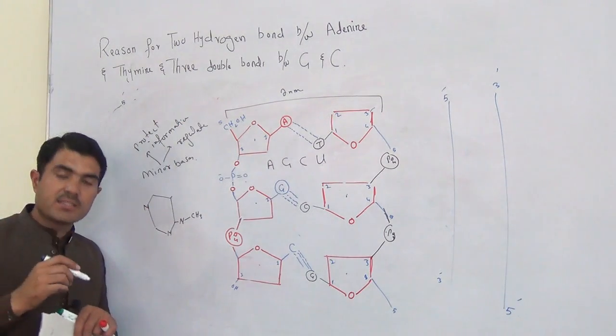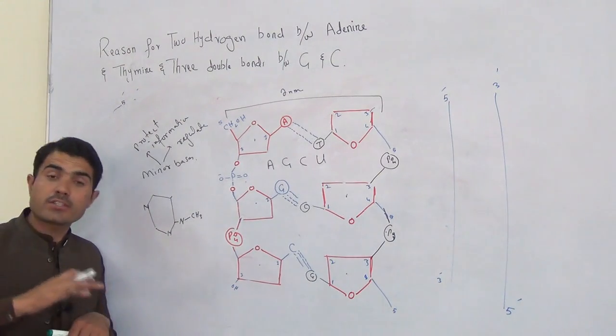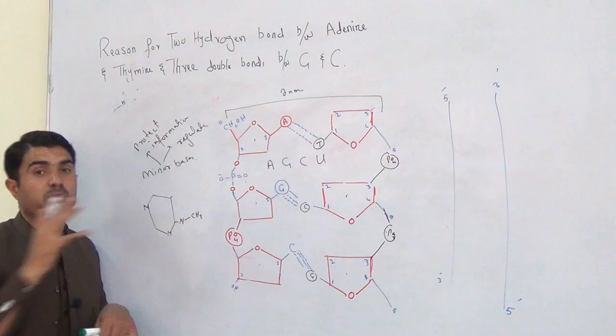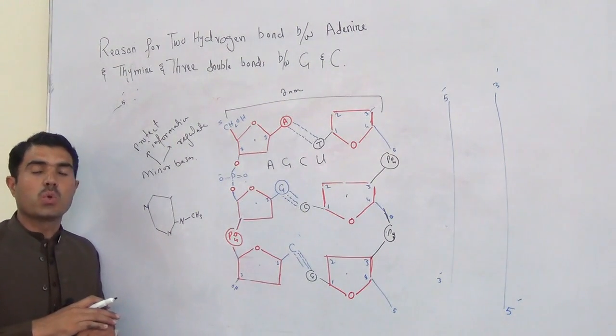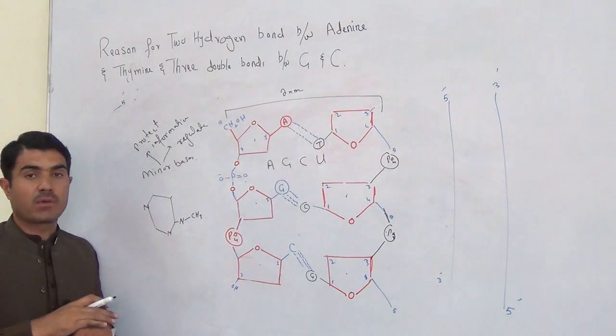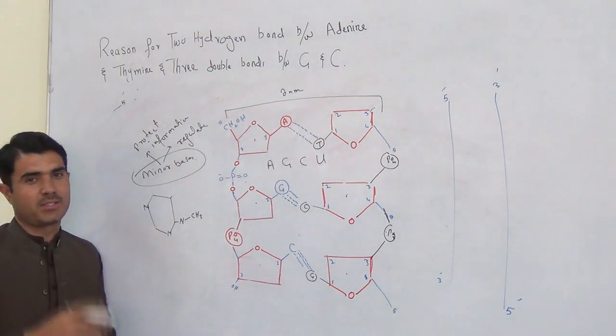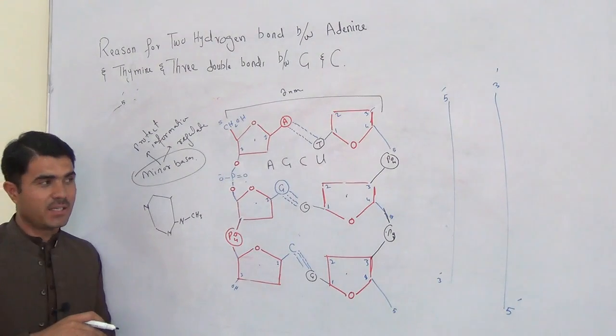Our DNA contains a lot of information. This information needs to be regulated, and protection must be there. So who provides them the protection and the regulation? That is the other type of bases called the minor bases. So whenever you find these minor bases, you will get the idea.